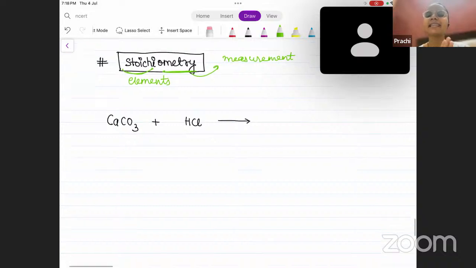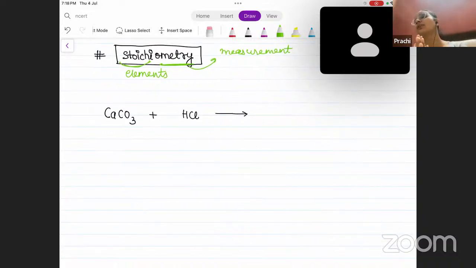Here we will see the reaction of calcium carbonate with HCl. In stoichiometry, what are we going to learn? We will learn the amount of a particular compound that will be formed in the reaction, or the amount of reactant that I must take so as to get a particular yield or weight.